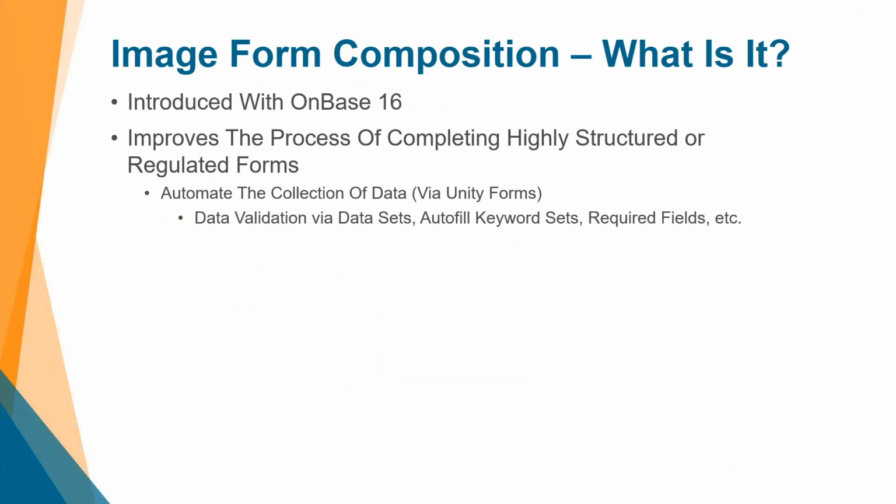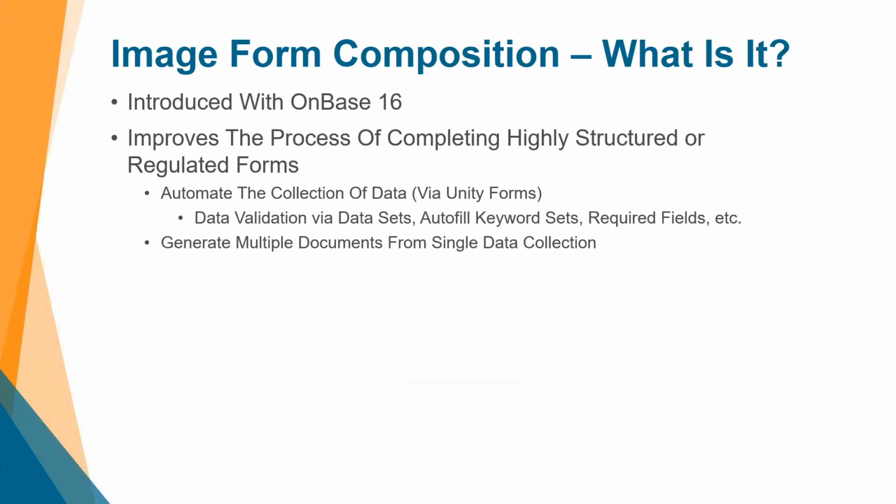So being able to use OnBase features such as data sets, autofill keyword sets, ensuring that required fields are set up, using conditional logic to make sure that if one value is populated in a field, we have appropriate values in other fields, or exposing different sections, and so on and so forth. Again, Unity Forms is a key to this solution. That's how we're capturing all that information. Let's take advantage of all the benefits of what Unity Forms can provide.